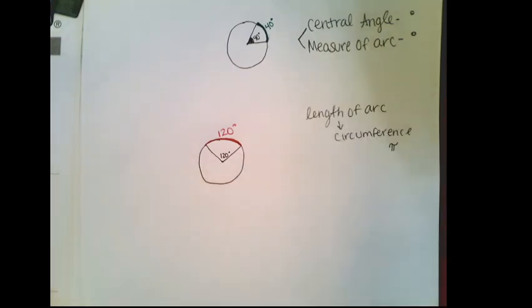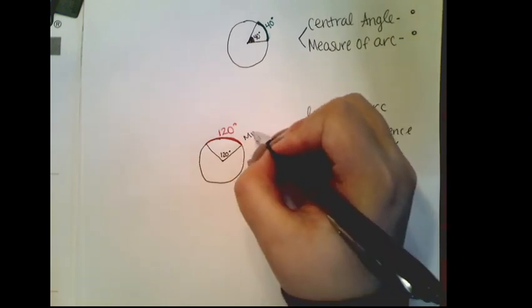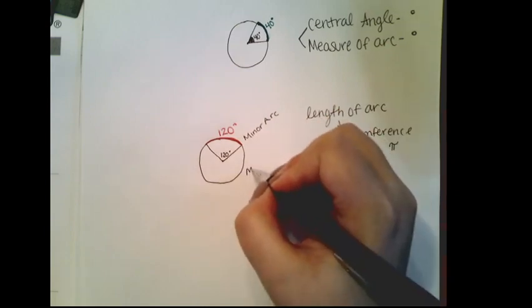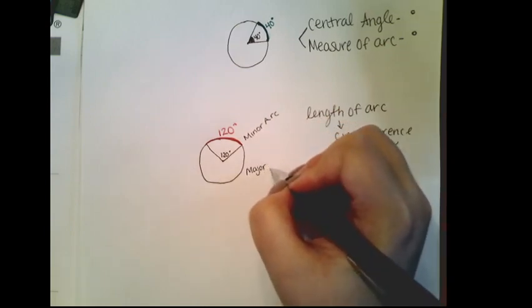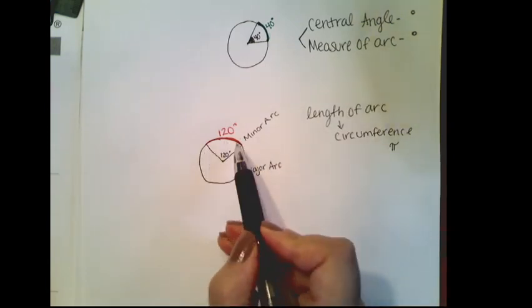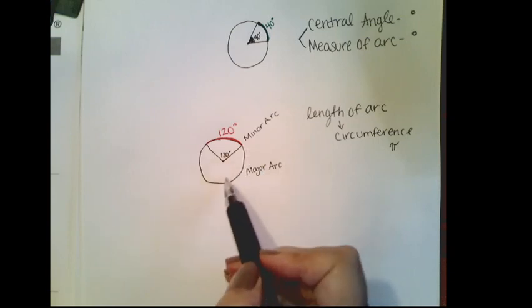Another vocab term that I do want to talk about is a minor arc and a major arc. Okay, so this right here is an example of a minor arc. The rest of it is called a major arc.